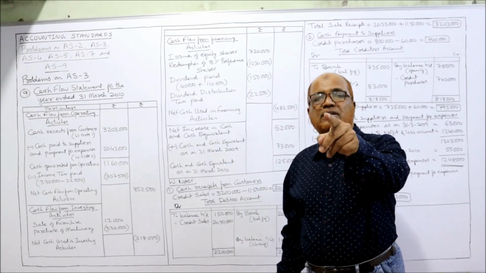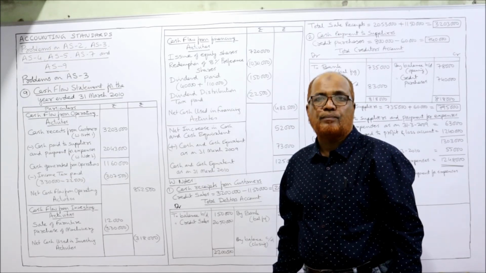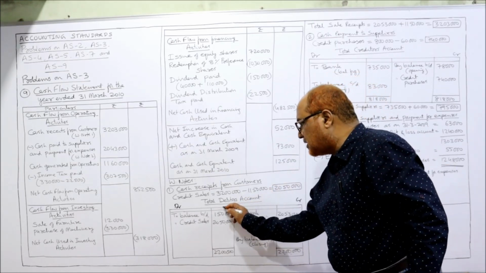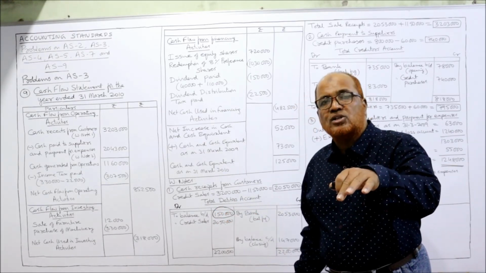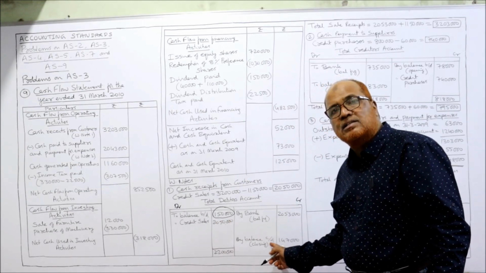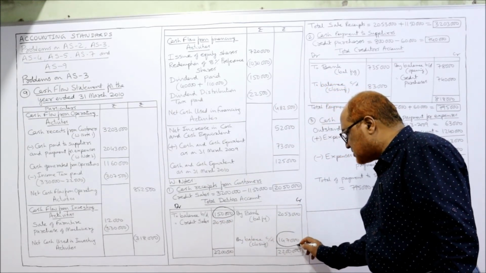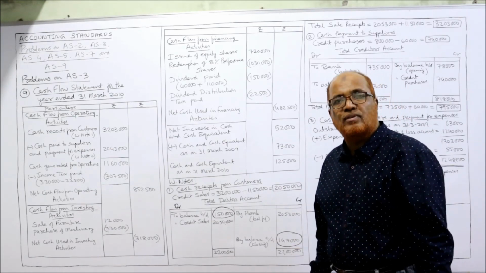So 1,50,000 is the opening, 1,47,000 is the closing. So opening debtors should be taken on the debit side, 1,50,000. And closing debtors should be taken on the opposite side, the credit side, by balance carried down, 1,46,000. This is the closing. The opening and closing we have taken.